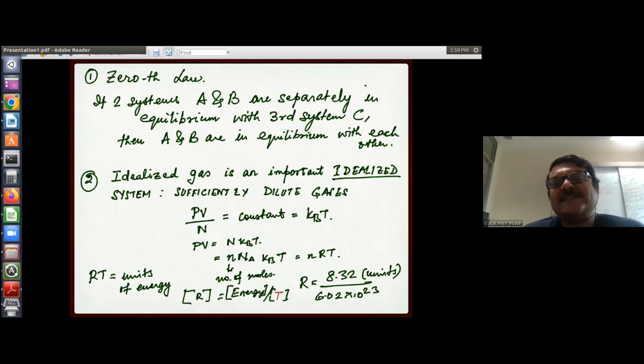So one needs a standard method so that different people across different parts of the world, if they measure the same thing, if they measure the boiling point of water at 1 atmospheric pressure, they should get the same value.